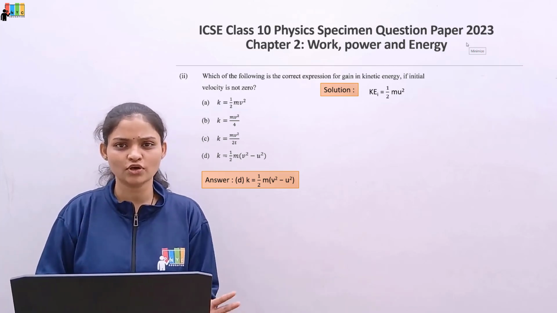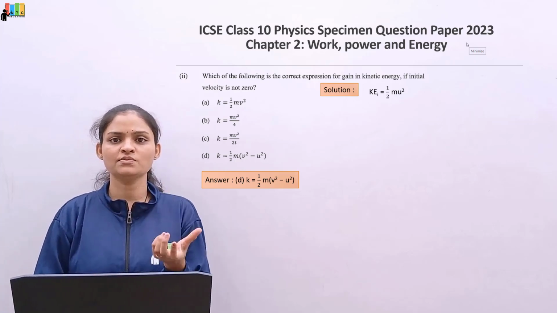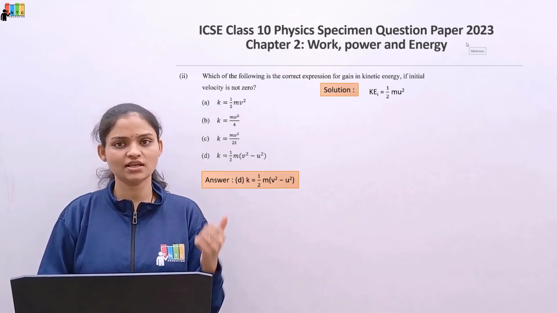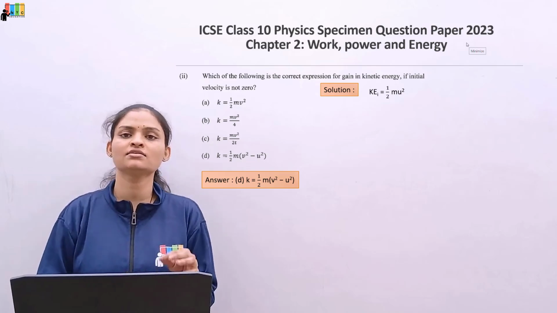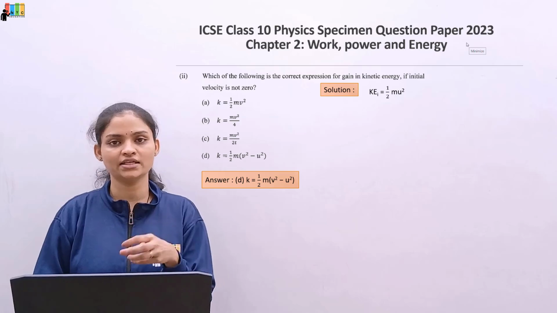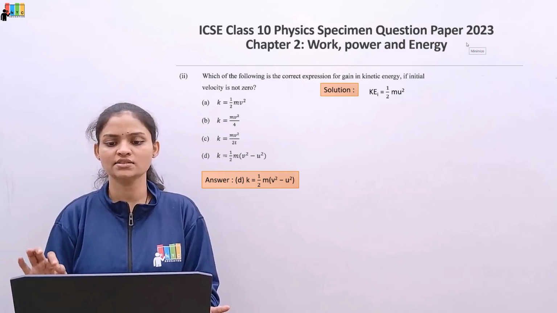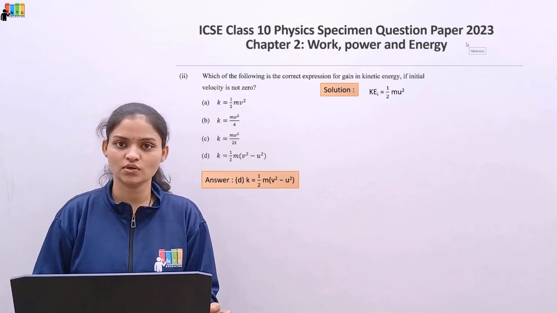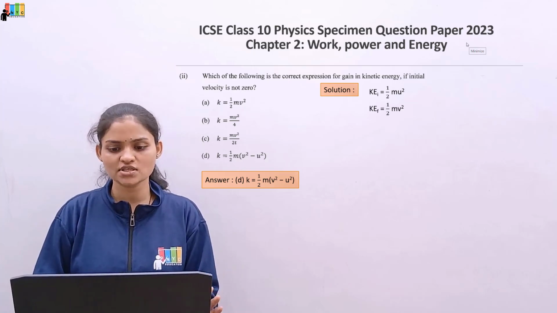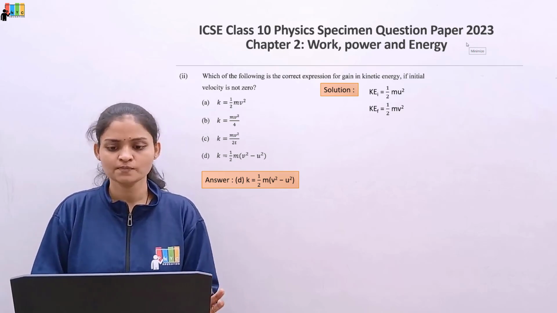The general formula for kinetic energy is half m into v square, where m stands for mass and v stands for velocity. Now for initial kinetic energy we will take initial velocity. So KE initial, that is initial kinetic energy, is equal to 1 by 2 mass into initial velocity square, that is mu square. Now for the final velocity, it is 1 by 2 m into v square.